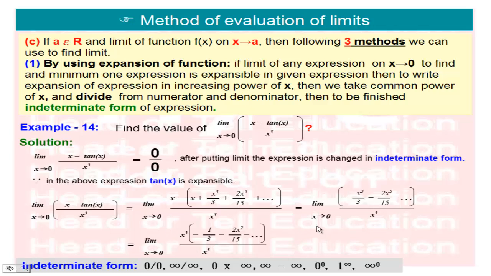Now cancel the x cube, then we apply x tends to 0, and after using the limit we have the answer minus 1 by 3. This is the example of the first point in the third method.